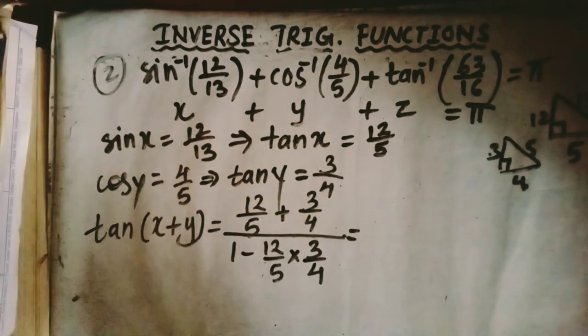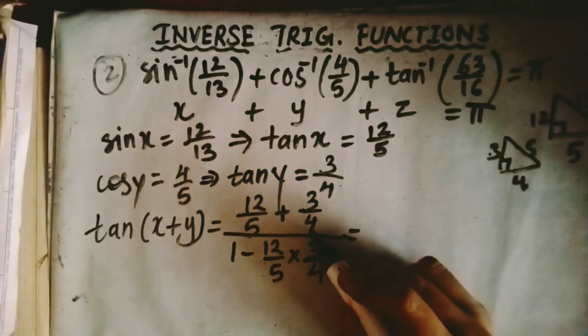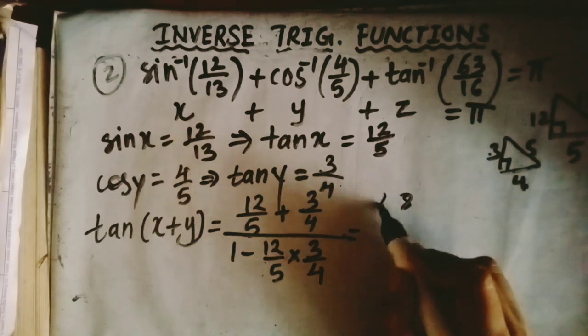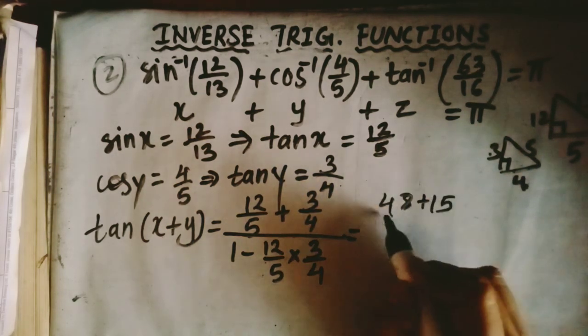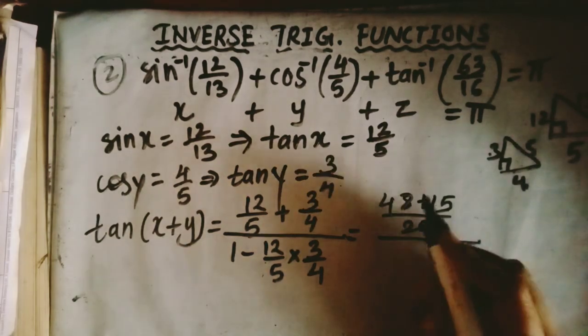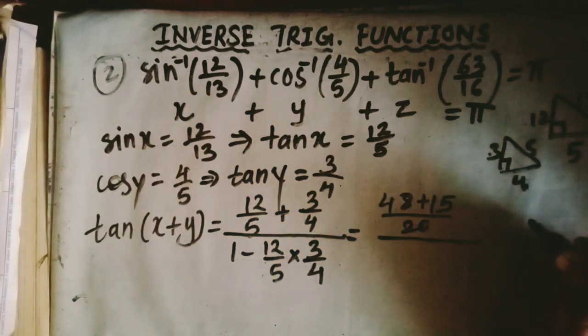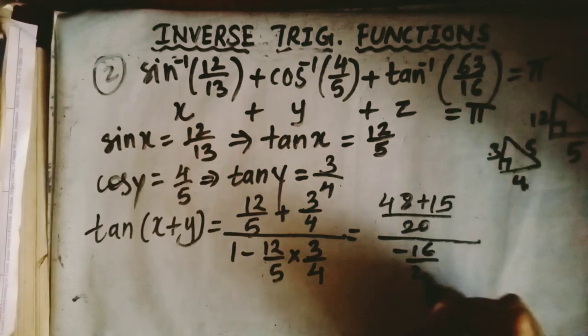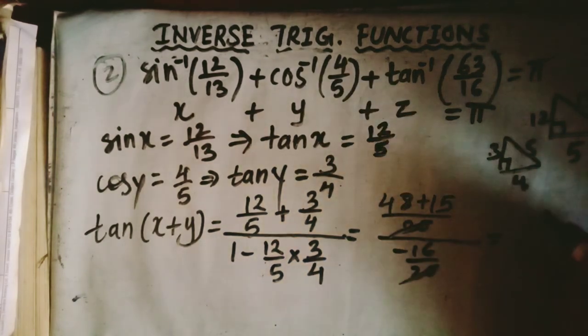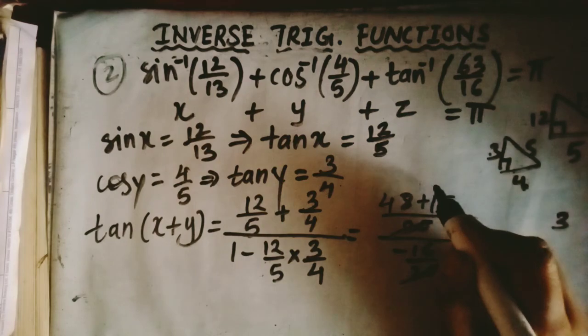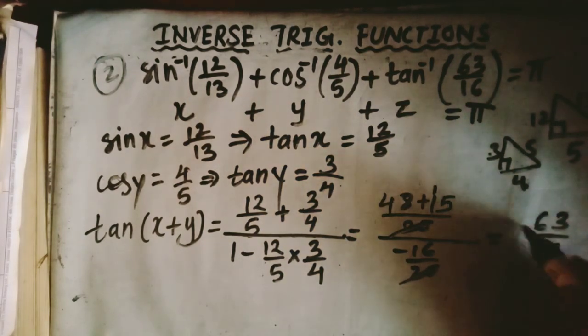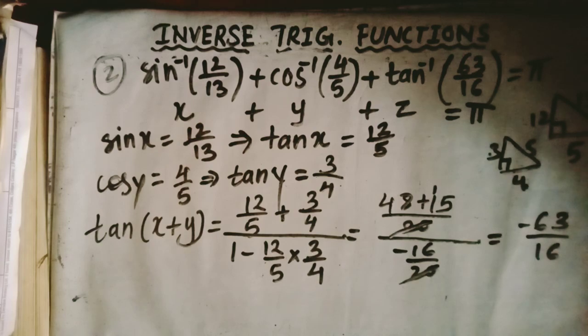So keeping the denominators as it is, you will get 48 plus 15 upon 20 upon 20 minus 36, right? So this will be a negative, so minus 16 upon 20, 20 gets cancelled, and you will get 63 upon 16, minus 63 upon 16. So this will be our tan of x plus y.